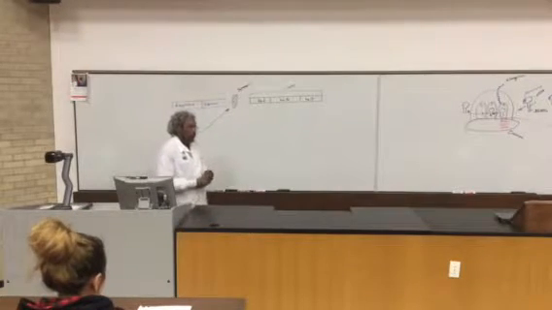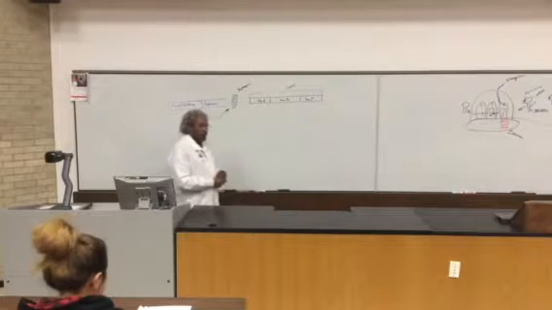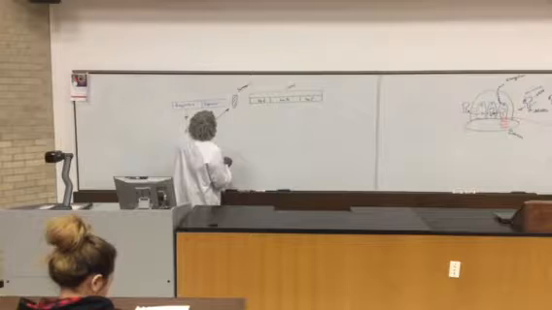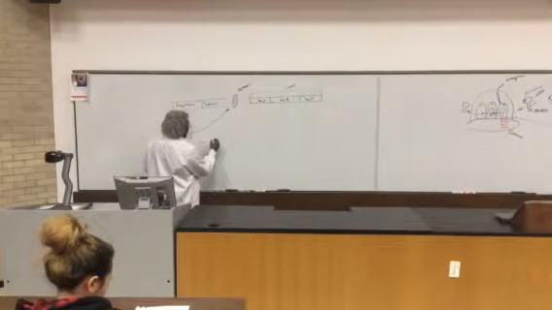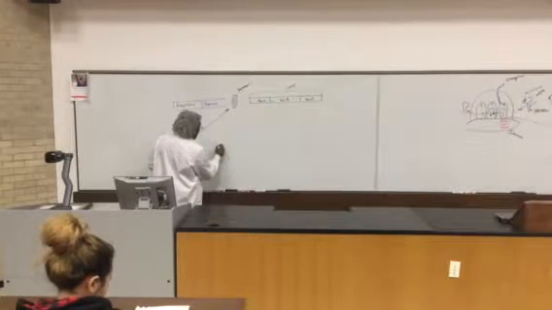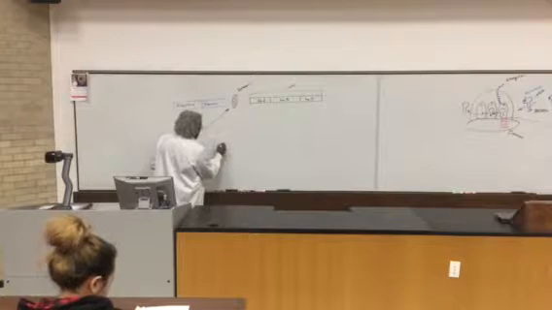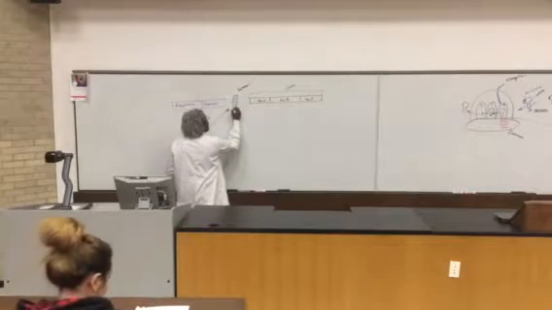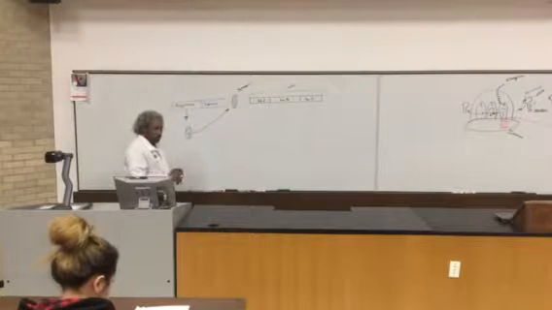Now what happens when lactose is in the environment? It's going to have to get turned on. So, now you have lactose in the environment that will bind onto the suppressor. So what happens when it binds onto the suppressor?